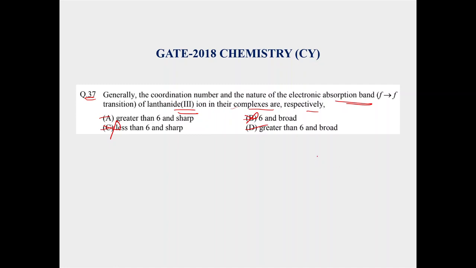Now moving on to the nature of the electronic absorption in these f-f transitions. As we already said, lanthanides are inner transition elements. In these cases the electronic configuration is like 3d10, then 4s2, and then 4f.